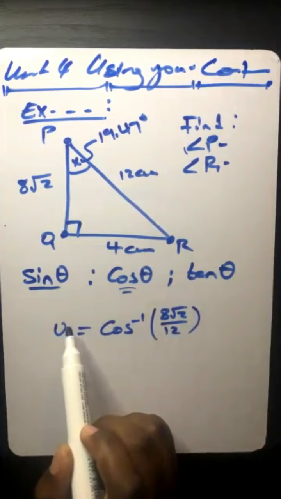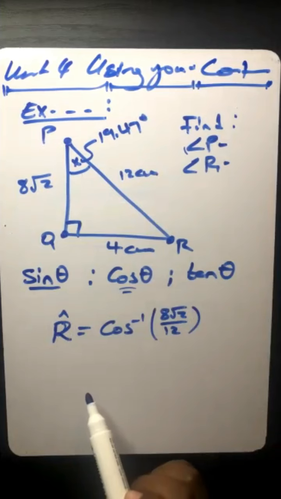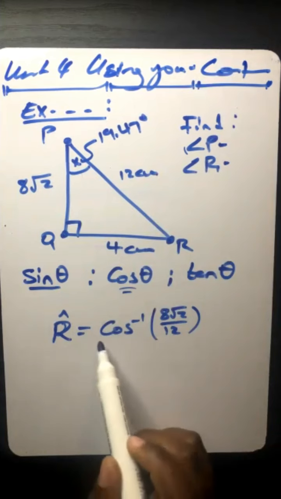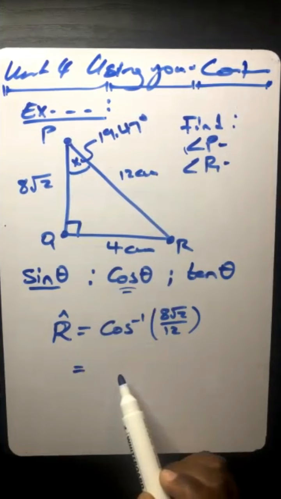So you're saying it's going to be angle R. You're saying cos is adjacent over hypotenuse. So you're saying like this. What is the angle? 19.47.